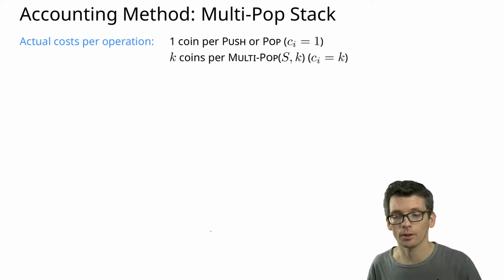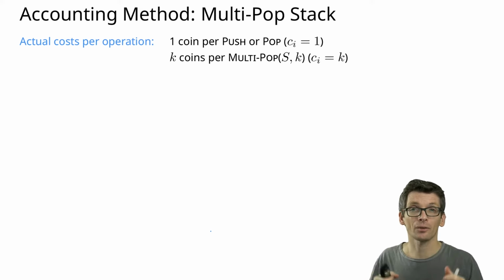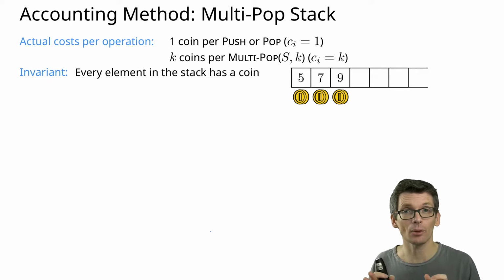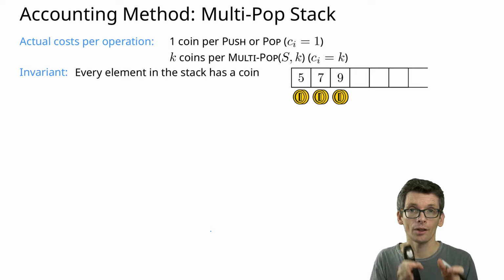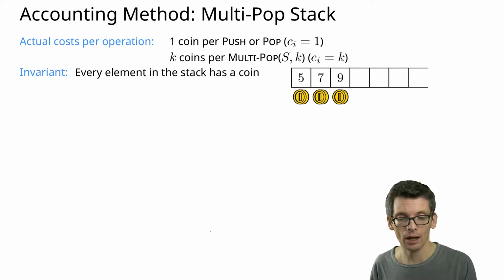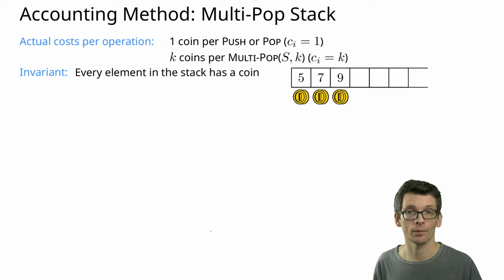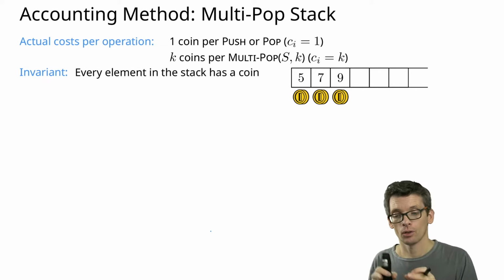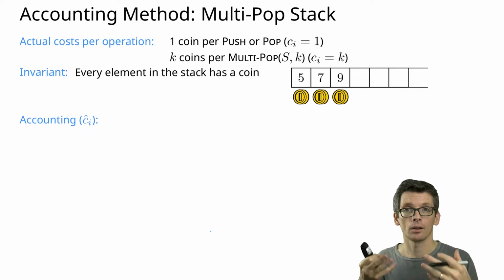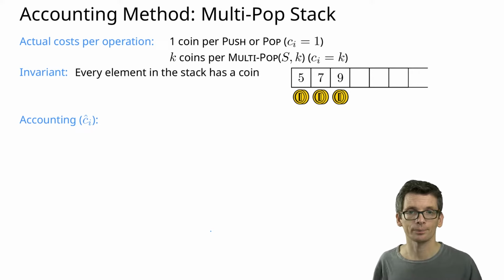The invariant that we will want to maintain, and that will guarantee us that we will have saved enough, is the following. With every element in the stack, we're going to save a coin. So if this is my current stack, with 3 elements, I will have already saved 3 coins. To make this work, we will assign the following amortized costs.